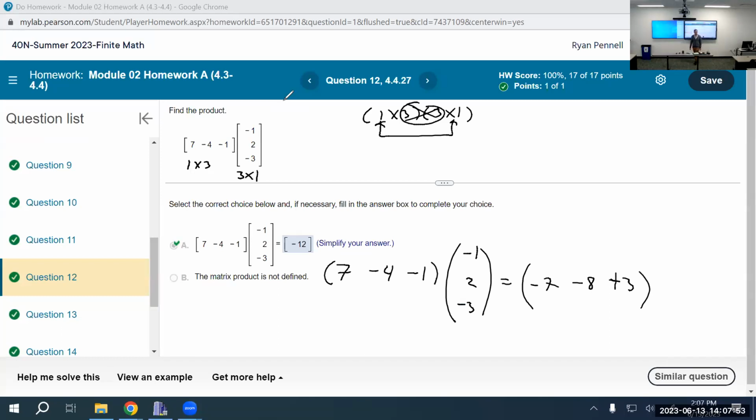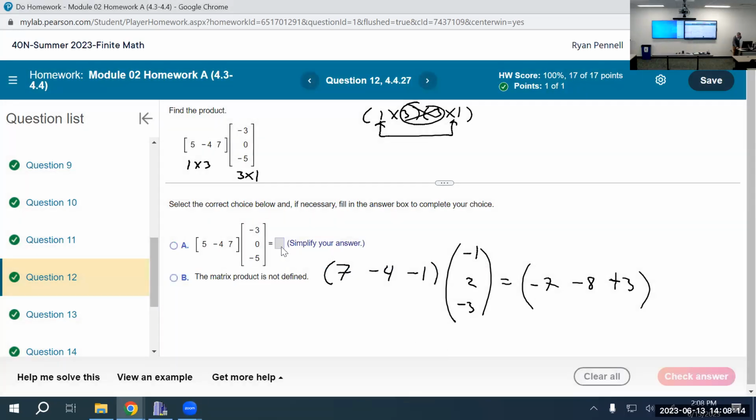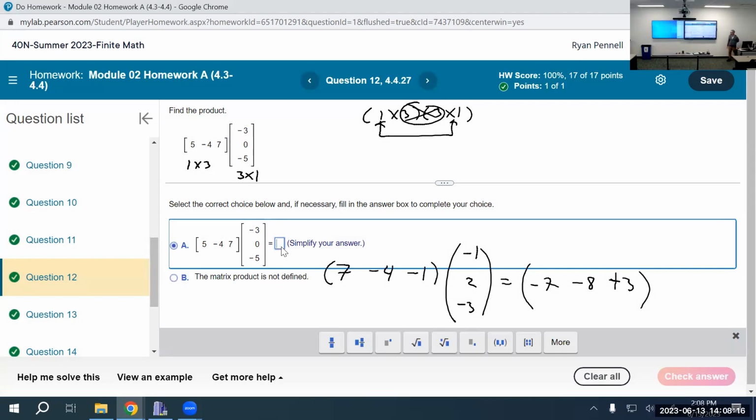But the homework help part of me also wanted to mention I had to enter that in as a matrix. The first time I did it, I just entered -12 because it's just a number, and it said you're wrong. So I had to enter this in as a matrix. If we get a similar question, I have to enter this number as a matrix.